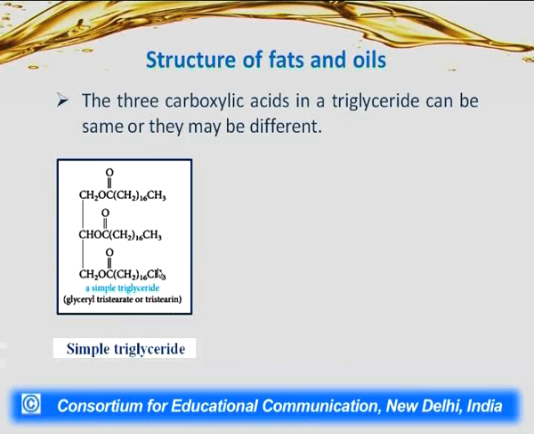If the same acid is present, then they are named like this, that we introduce the word tri before it and then name the acid and then end with n. So, it is tristearin. This is a simple triglyceride. Those triglycerides where only one type of carboxylic acid is involved in the ester formation, we call them simple triglycerides.